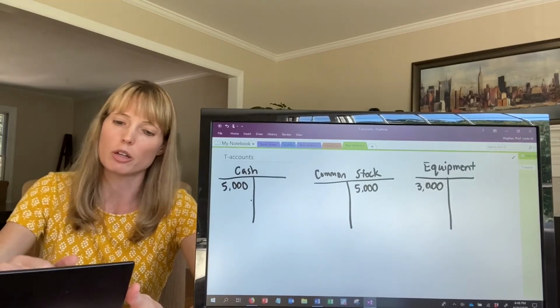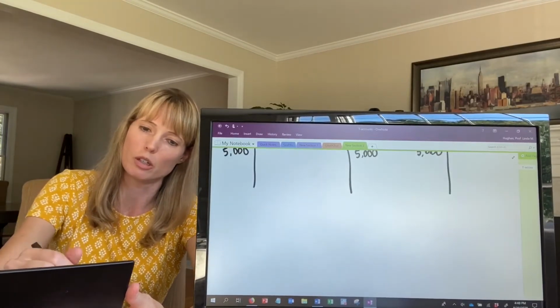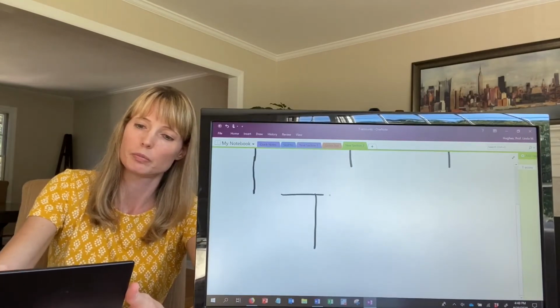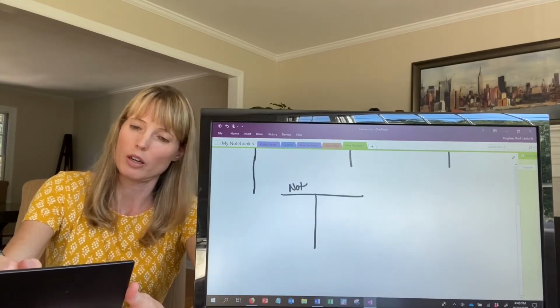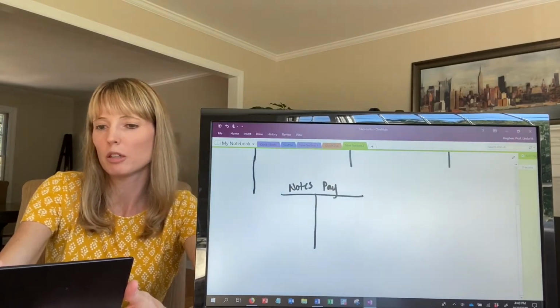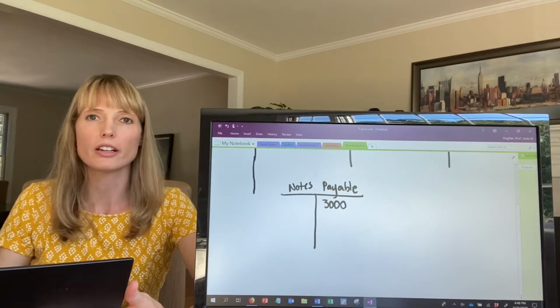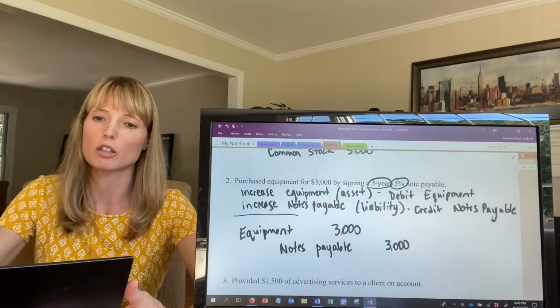But since it's a brand new company, that's why there are no beginning balances. I need to show that notes payable increased by 3,000. And then I finished recording and posting transaction 2.